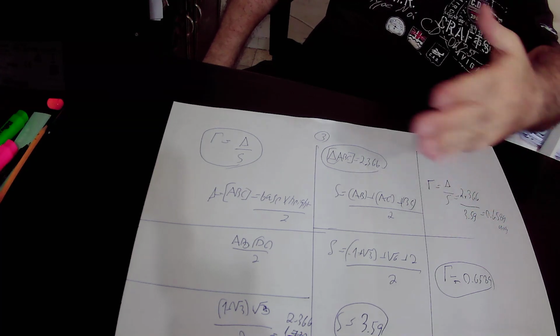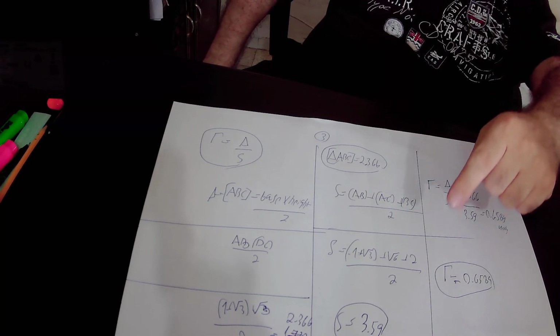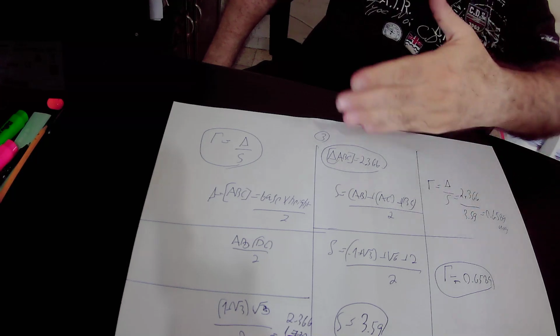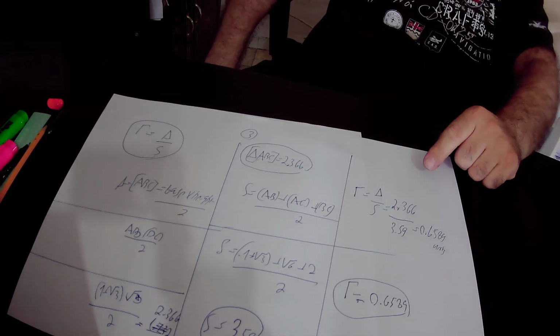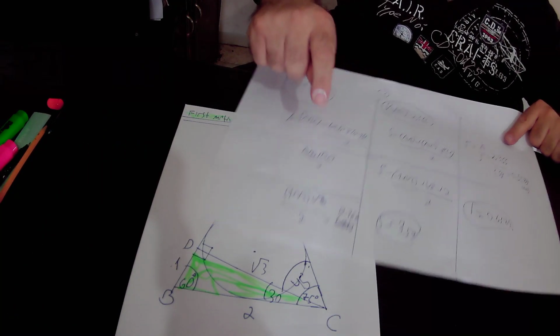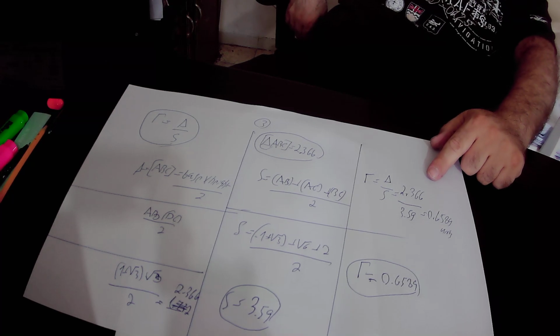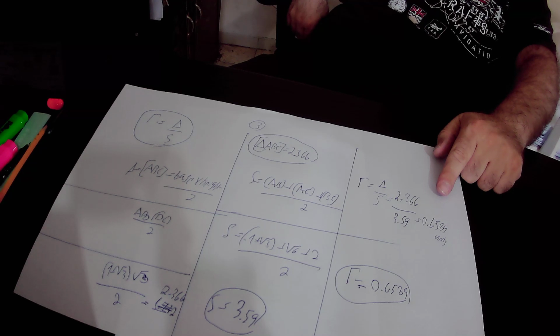If we divide by 2, we get the semi-perimeter. So this expression equals in total 3.59 units. That is to say, the semi-perimeter of triangle ABC is 3.59 units. Therefore, the radius of the circle inscribed in triangle ABC equals the area of triangle ABC, that is 2.366, over the semi-perimeter of triangle ABC, that is 3.59 units.